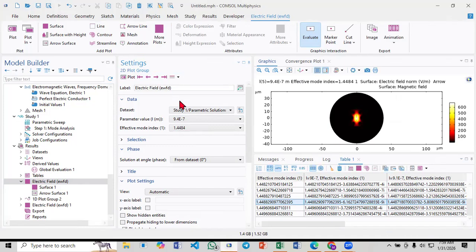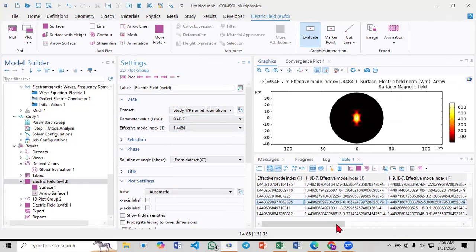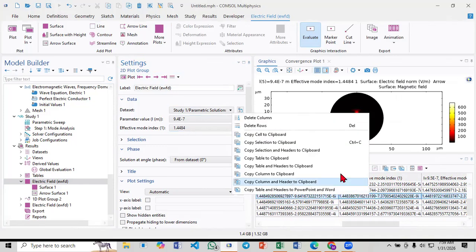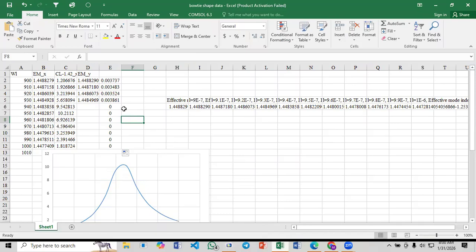So for 950, the position of vaporized light is fourth. So this one actually, Control C. Sorry, my laptop is hanging. So paste it here. Okay. Perfect.